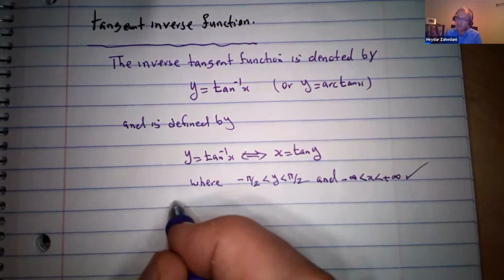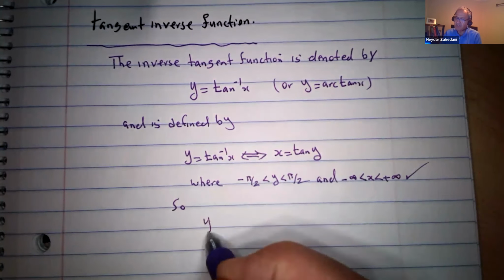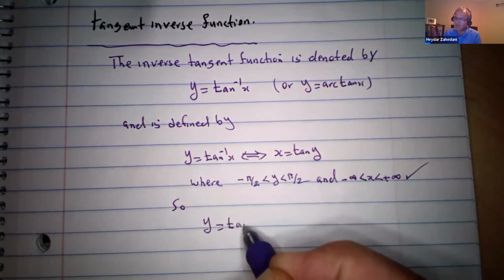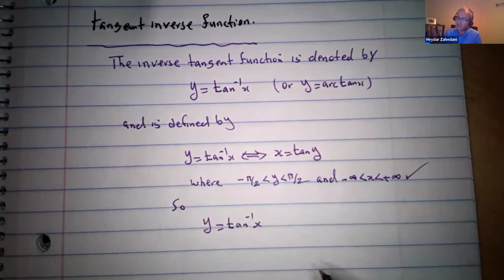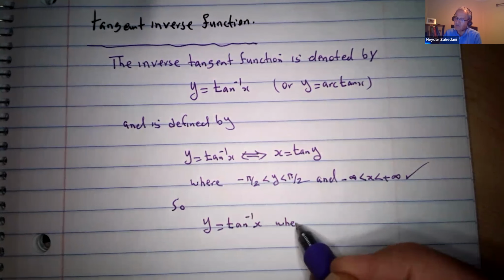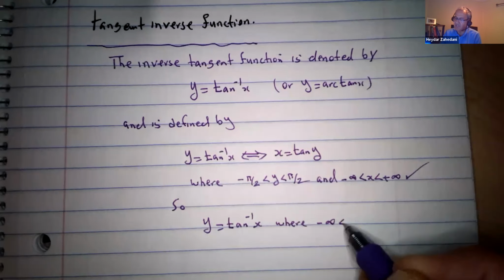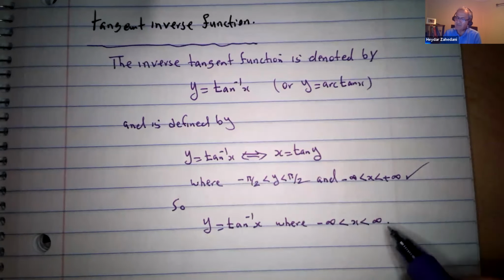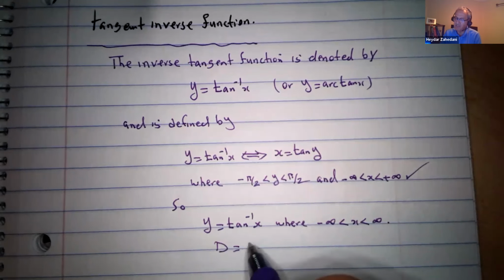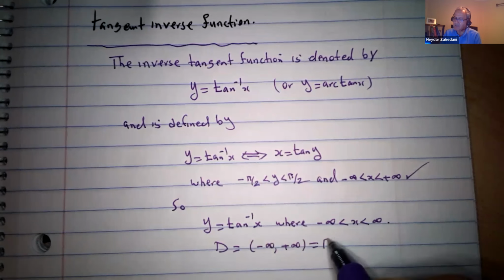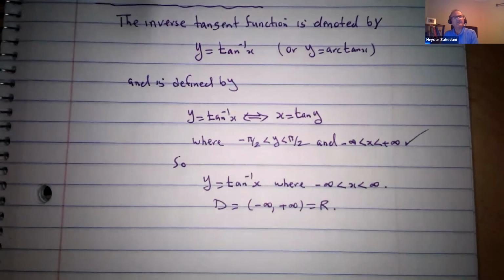So y is equal to tan inverse of x, where x is between negative infinity and positive infinity. The domain of the tan inverse is all real numbers. That's why this function is such a popular one for applications.